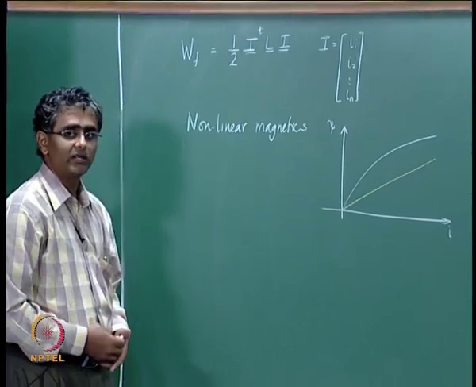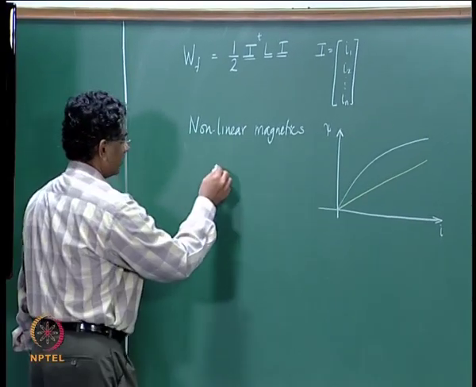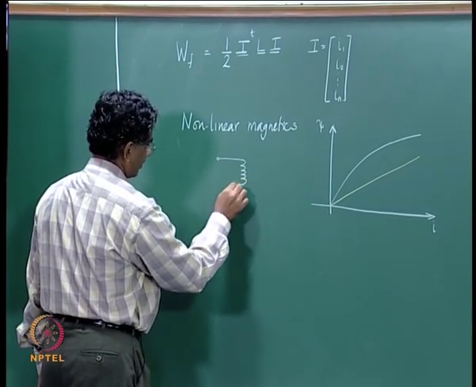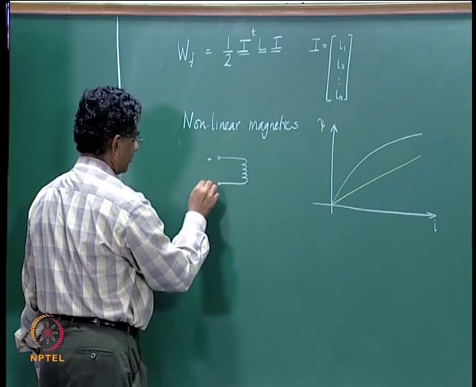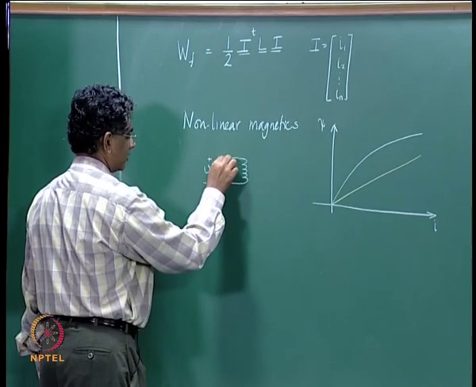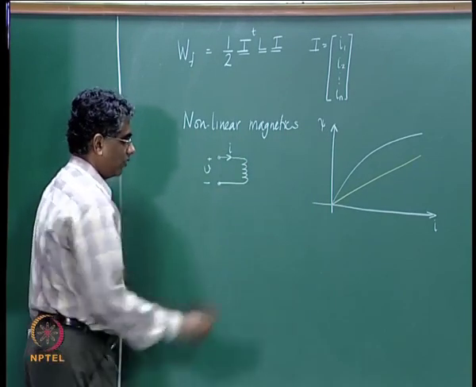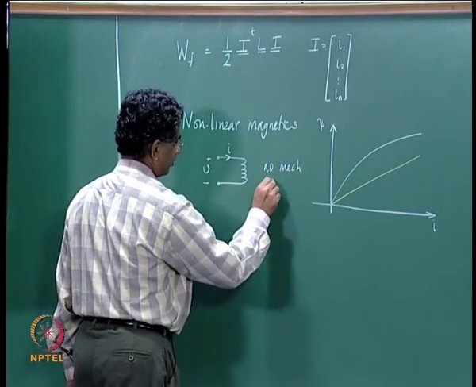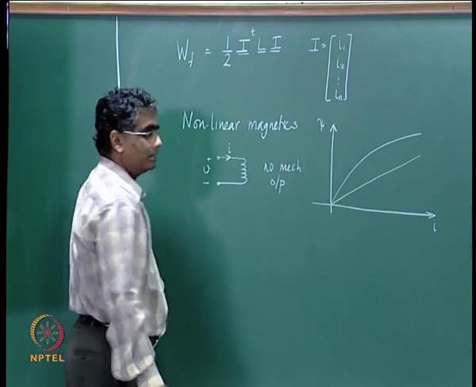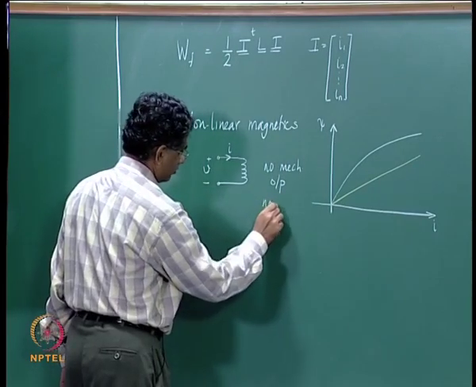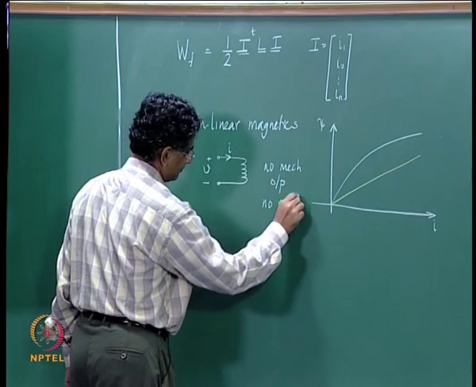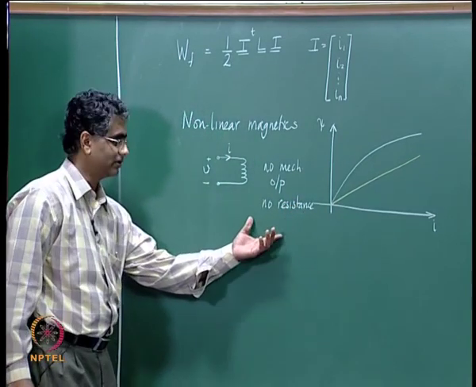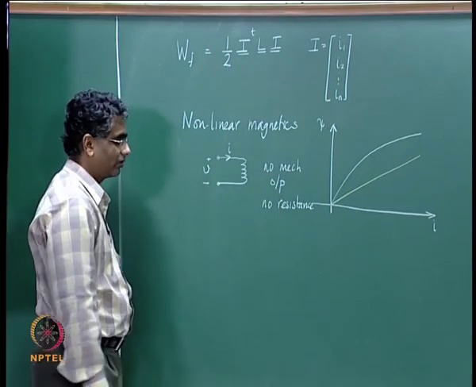While looking at the expression for field energy, say you have a coil with an applied voltage V and a current I flowing, with no mechanical output and no resistance, which means resistance loss dissipation is 0 and mechanical output power is 0.